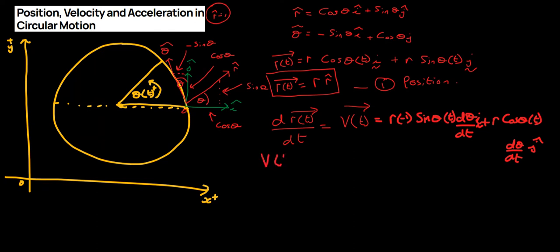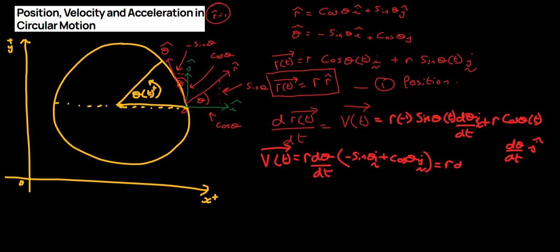So let's factorize that then. So I've got v of t. If I factorize, I could take an r out and a d theta dt, and I'm left with negative sine theta plus cos theta. I've got my i's and j's, and lo and behold, this is our old friend theta hat. Okay, so let's write that.